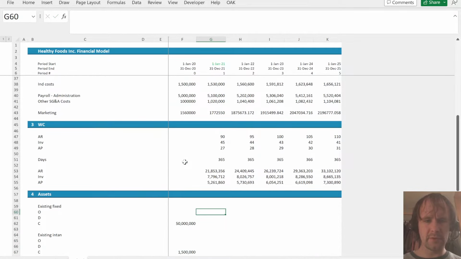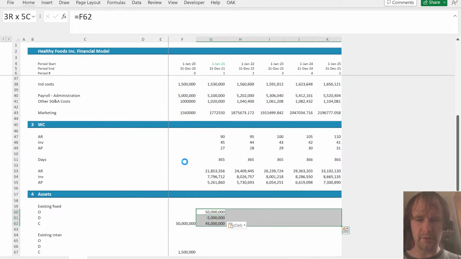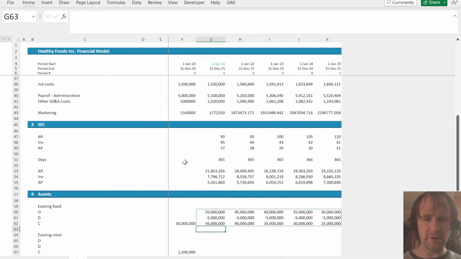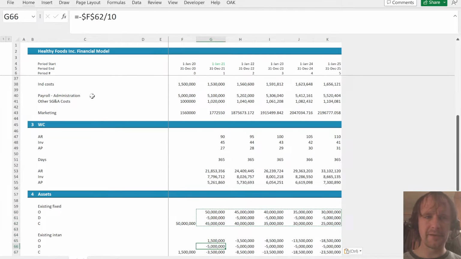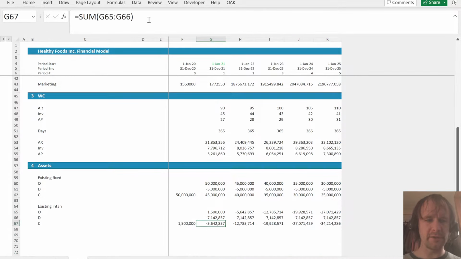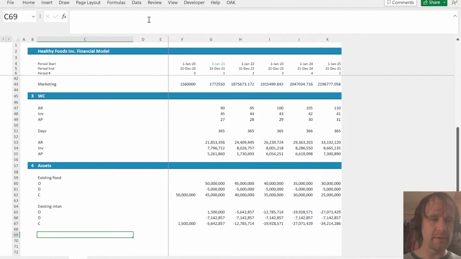Okay, and I'm going to be lazy about this and not even do a check for the max because I know that the model only goes 5 years, but obviously in a real model you'd want to be a little more diligent than that. And this one is over 7. Again, I should really also link it to the assumptions tab where it has that number, but I'm in a hurry, so I'm not going to do it.